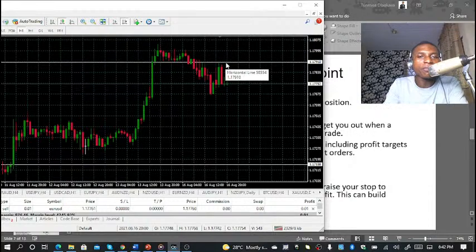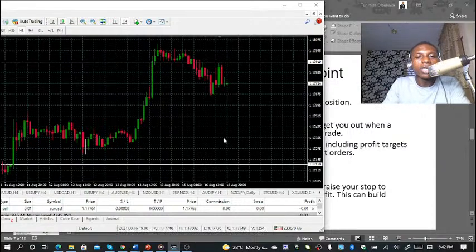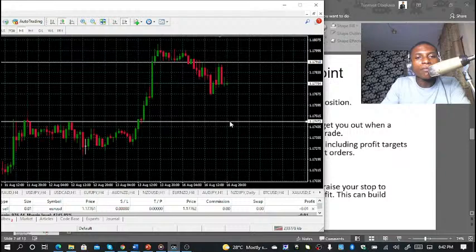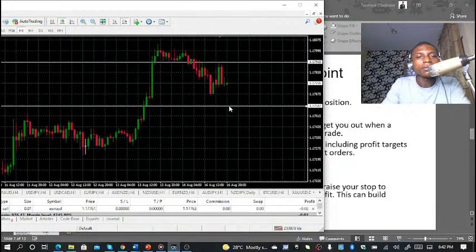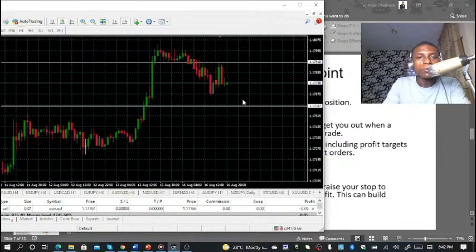Now the take profit strategy is also an exit strategy: if this trade goes in our favor, and let's say we set our take profit level at this place, and in the next 1 to 2 hours or 4 hours this market drops to this level, because we are in profit, it executes and closes the trade in profit, because we've set 1.17587 as our take profit level.